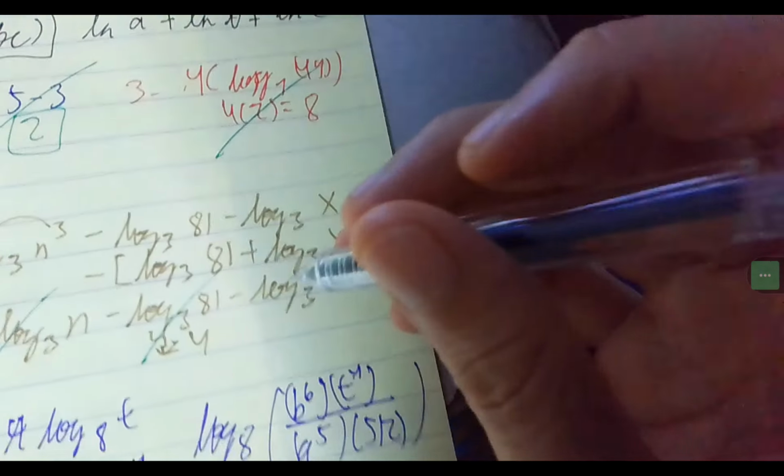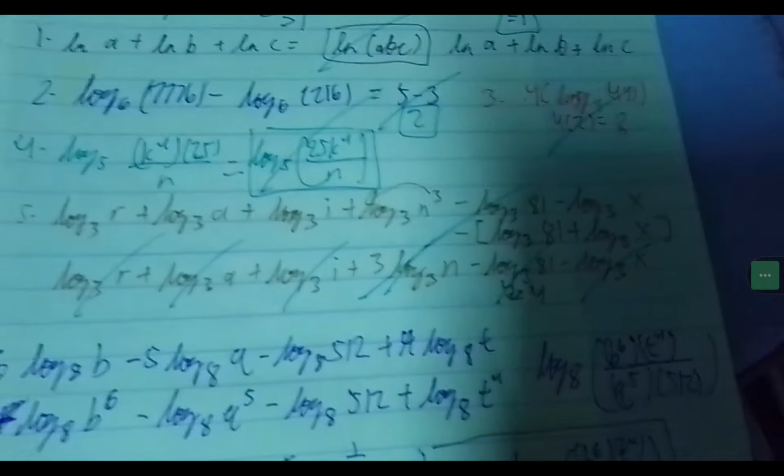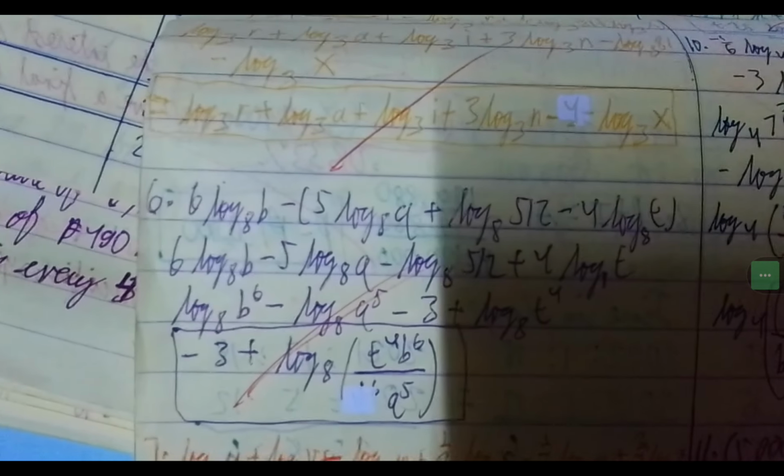So, correct. Number 4, the correct answer is supposed to be log base 5 of k raised to the 4th power, or 25k raised to the 4th power divided by n. Did we get that? Yes, very good. Also, I forgot to put parentheses. And the number 5, log base 3 of r, correct.